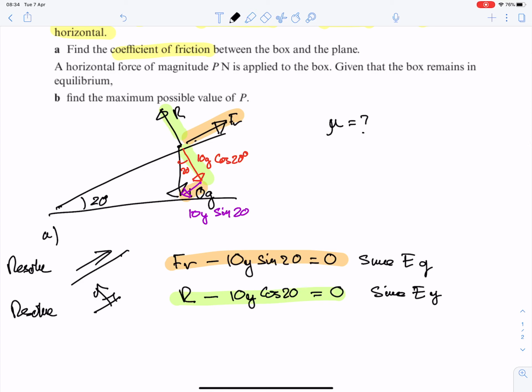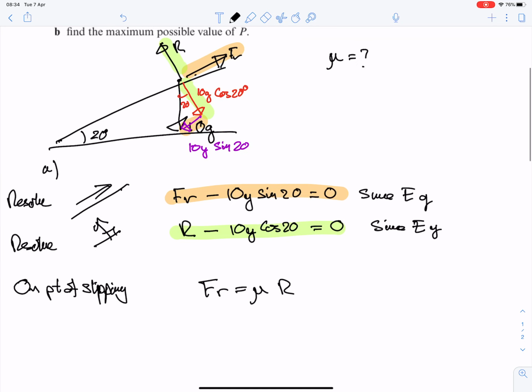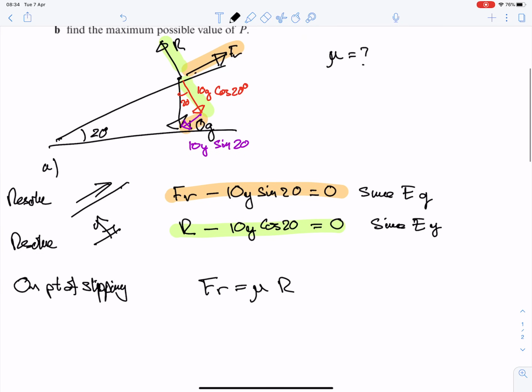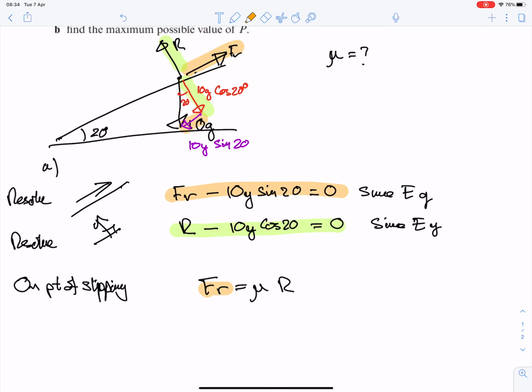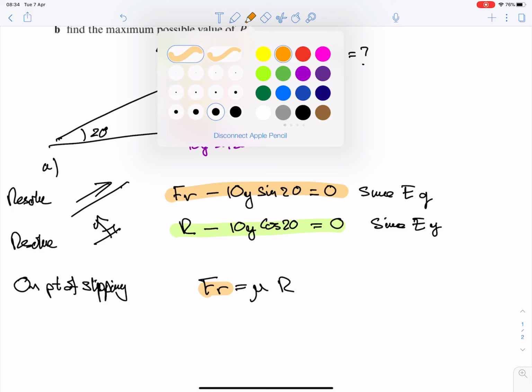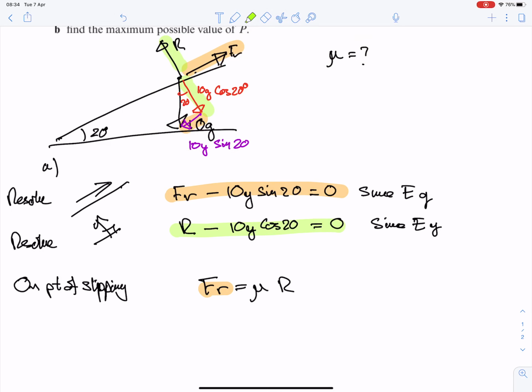We're looking for mu, so we've got to have friction in there. So we know that on the point of slipping, or in limiting equilibrium, we're going to have friction is equal to mu R. So we can substitute in for the friction from above, and we can substitute in for the normal reaction from above.